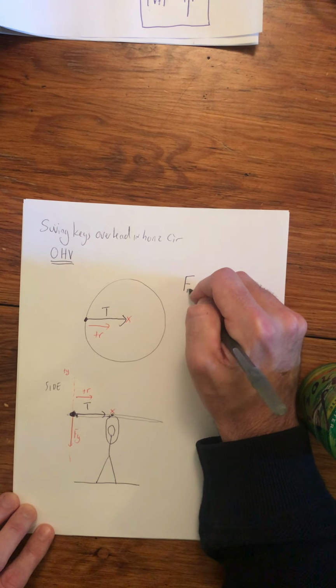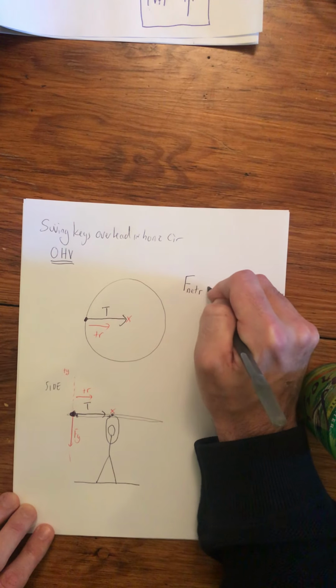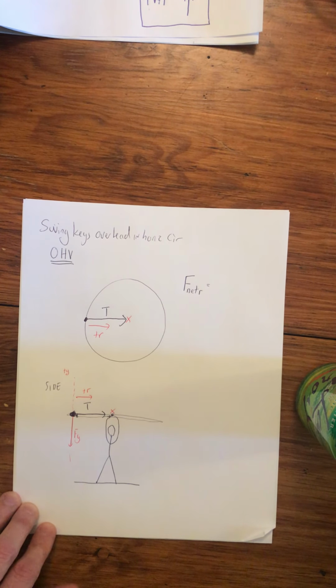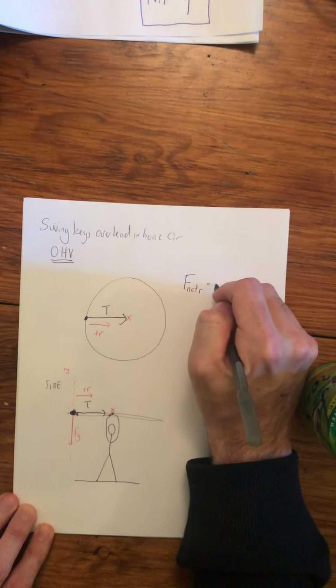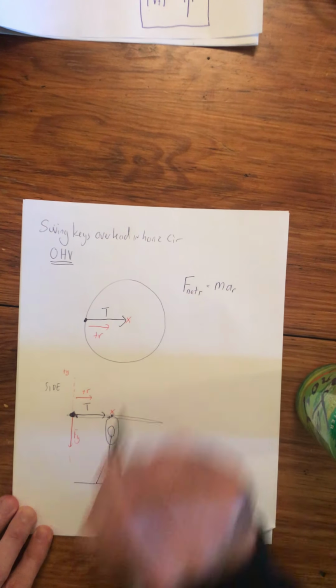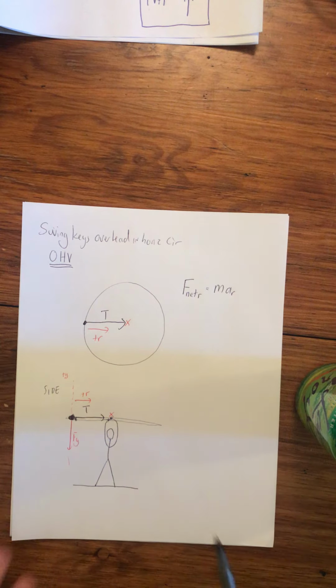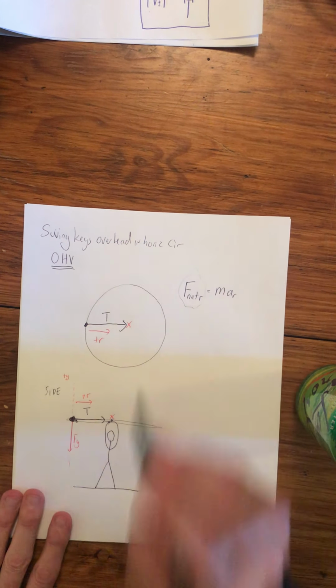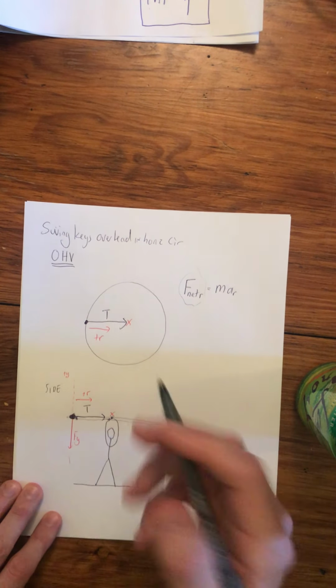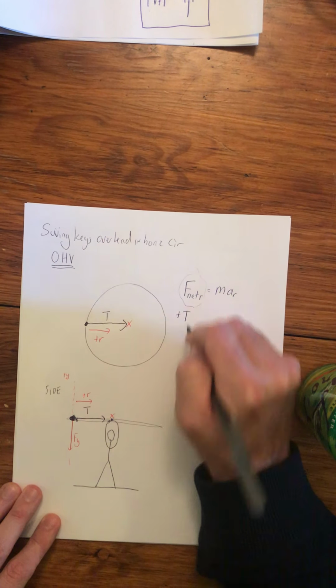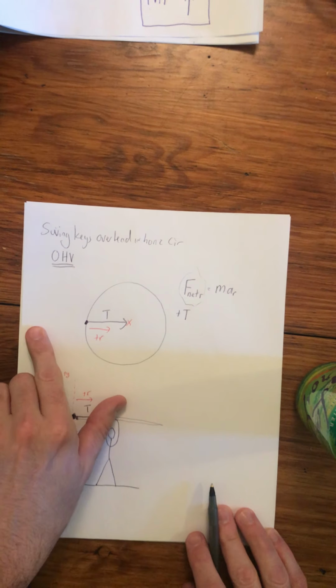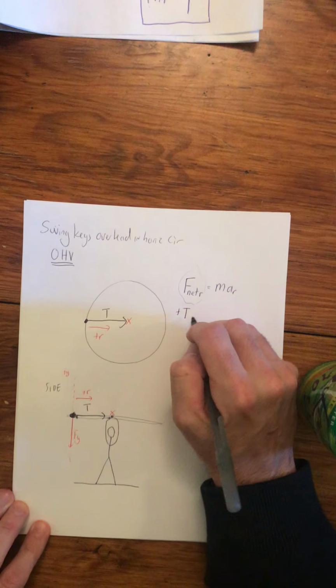So if I was to write a net force equation now, rather than F net x or F net y, I'd write F net r is equal to m a_r. We start with the statement of Newton's second law no matter what. Remember, all we're doing is we're replacing this with the sum of forces in that direction, and all I have here is a positive T. Super simple. There's nothing acting radially outward, okay?